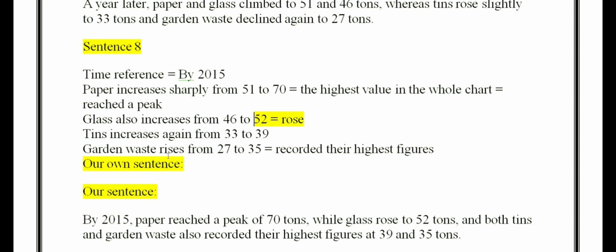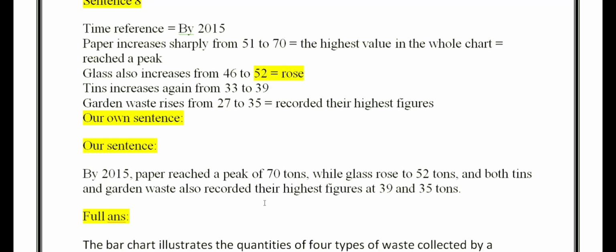Garden waste rises from 27 to 35. So the phrase is recorded their highest figures. Now the sentence. By 2015, paper reached a peak of 70 tons while glass rose to 52 tons, and both tins and garden waste also recorded their highest figures at 37 and 39 tons.